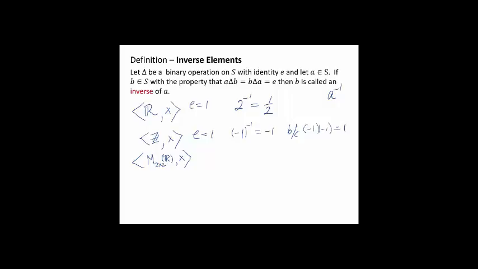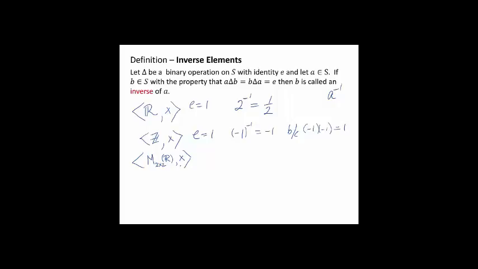But notice down here, we have the 2 by 2 matrices with real entries under multiplication. Multiplication is definitely a binary operation on that set. You can take any 2 matrices, multiply them, and get 1. So it is a binary operation.